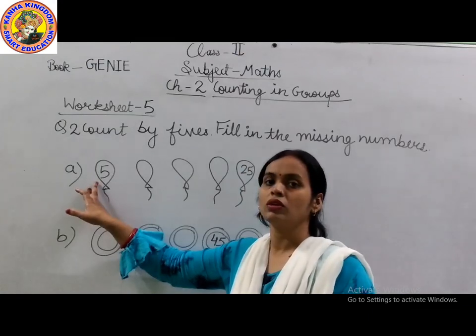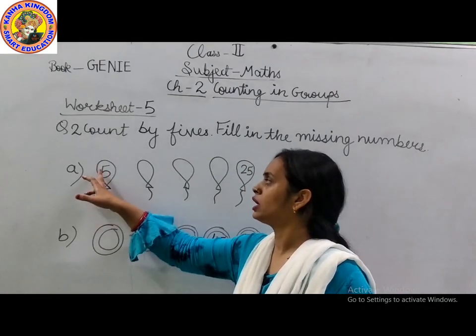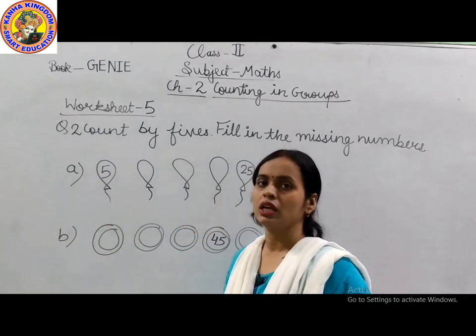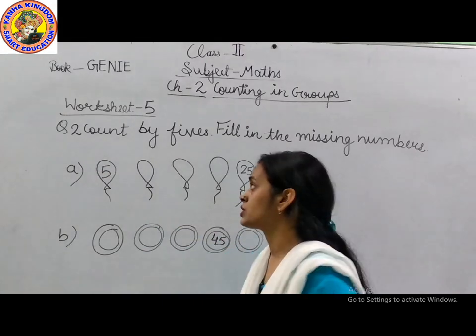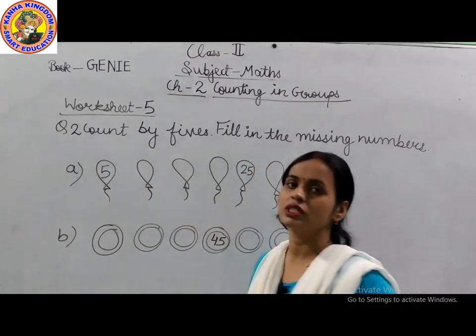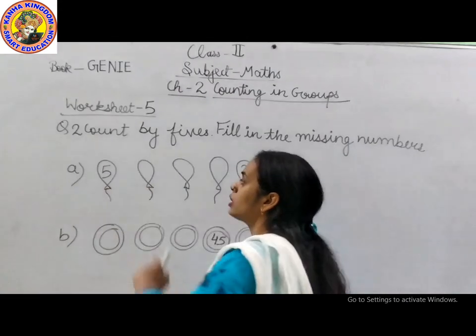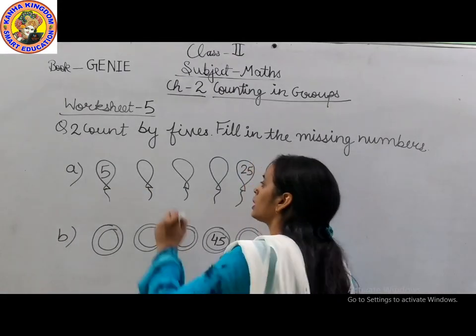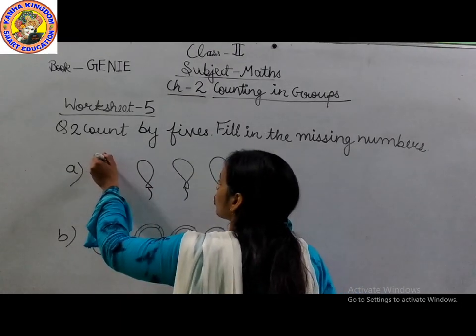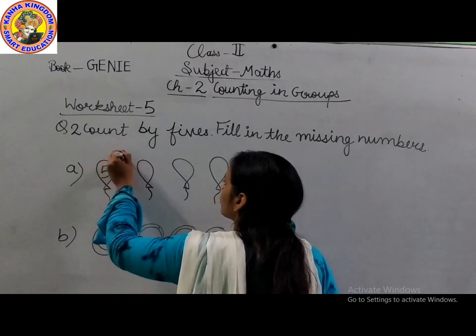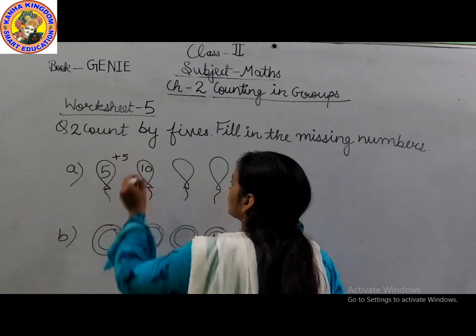So, in first value, number 5. Now, 5 plus 5, we have to skip 5. So, 5, 6, 7, 8, 9, 10. So, 5 plus 5, 10.